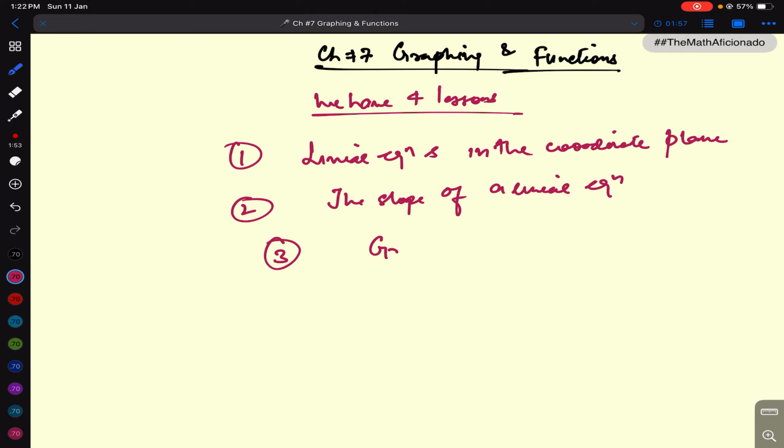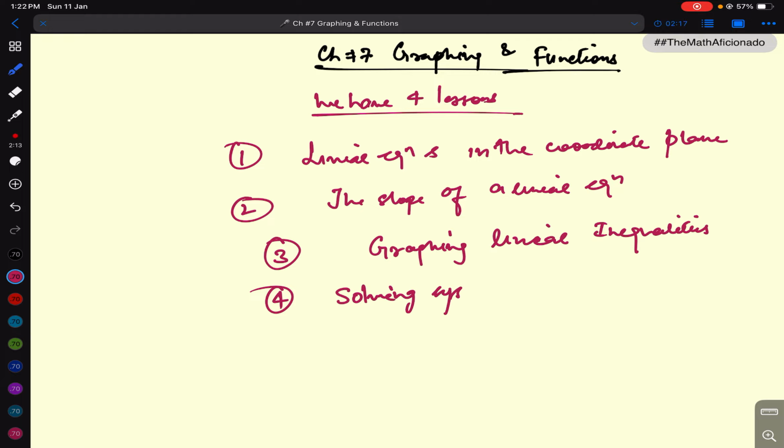Third is graphing linear inequalities. And the last but not the least, number 4, solving systems of equations by graphing. Okay, so these are the 4 lessons that are part of chapter number 7, which is graphing and functions.